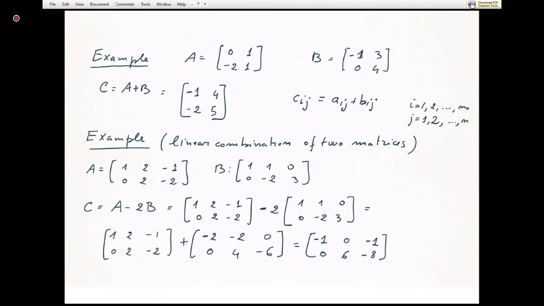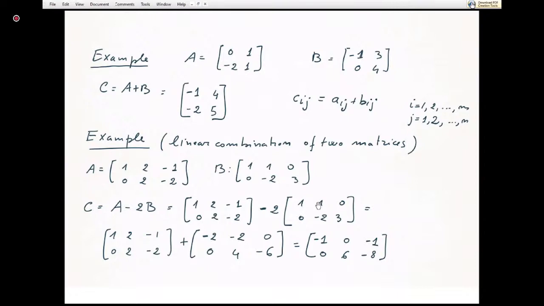Possibly each one has been previously multiplied by a scalar. So if I have these 2 matrices, the same structure, of course, and I write, one is A, the other is B, and I write A minus 2B, this means compute the sum between A and B, which has previously been multiplied by -2, okay? So I do this.